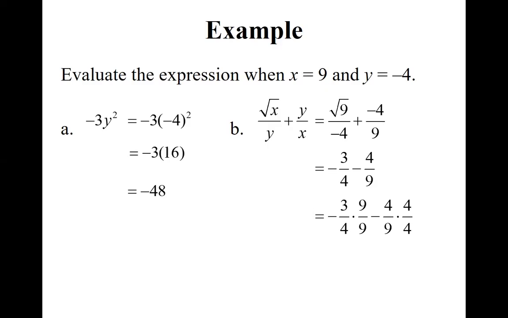We get to 36 by multiplying the 4 times 9 and the 9 times 4. So to get the equivalent fraction, the negative 3/4 is multiplied by 9 over 9. The minus 4/9 is multiplied by 4 over 4. That gives us negative 27 over 36 minus 16 over 36.